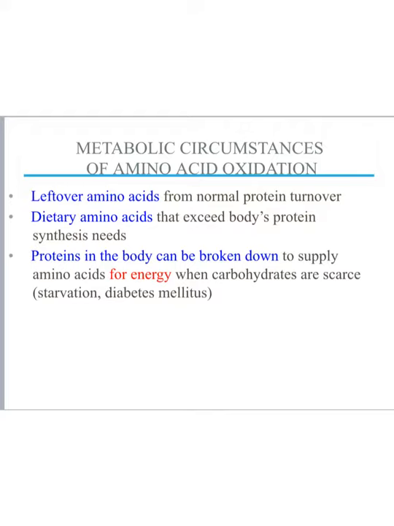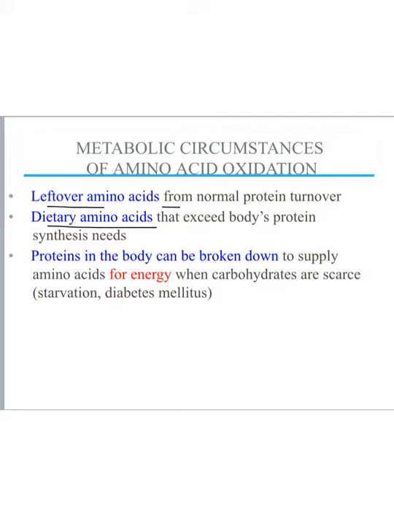All right, so what we have in terms of amino acid oxidation is if we have those leftover amino acids, so this is from normal protein turnover, normal protein breakdown. Once we have used a protein to do its job, we have those leftover amino acids. We have the dietary amino acids that if we've taken them in excess through our diet, more than we need to carry out protein synthesis, then we have to break down those amino acids.